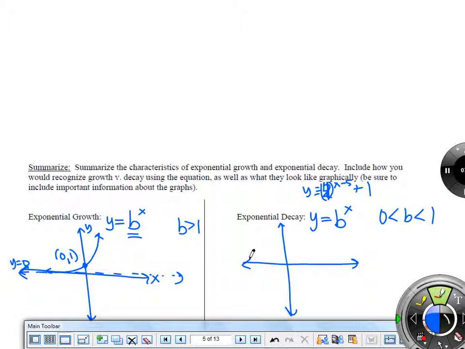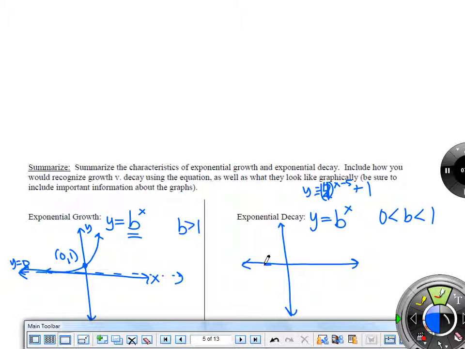So what's the difference when I change the base to be something that's decay between 0 and 1 compared to when I did growth? How is the graph going to look different? Michelle? Uh-huh. Good.